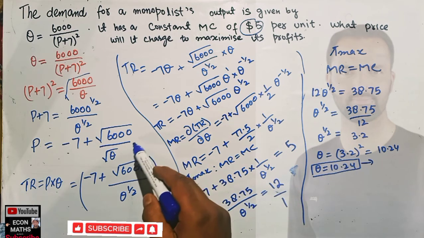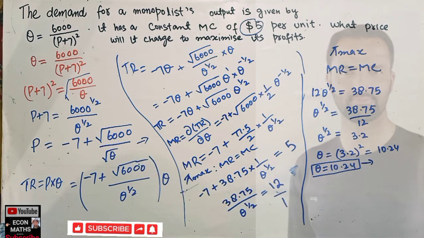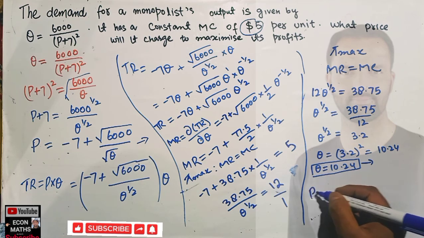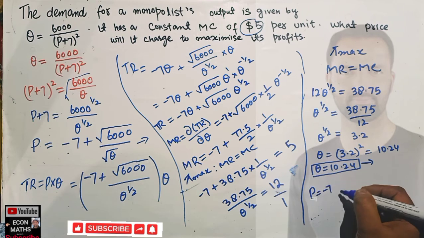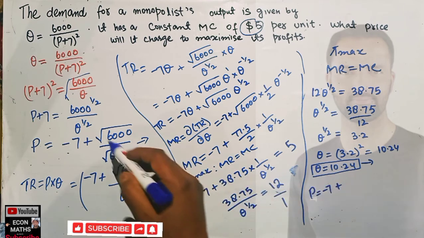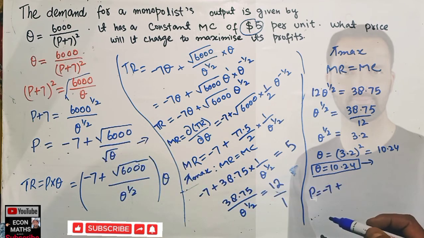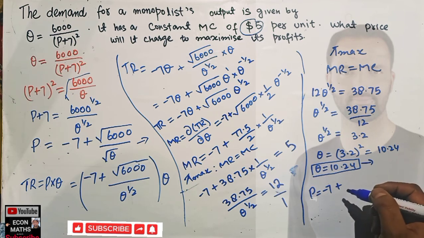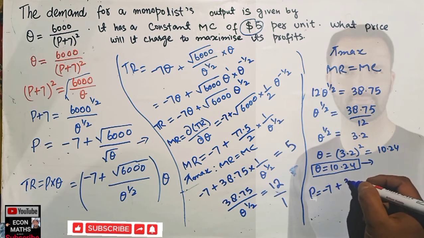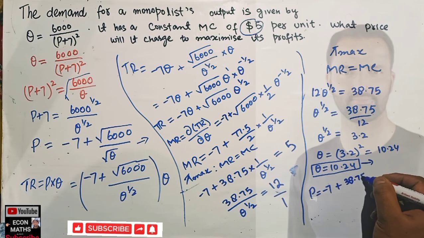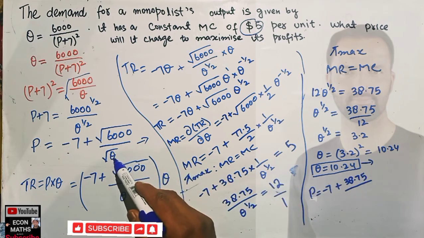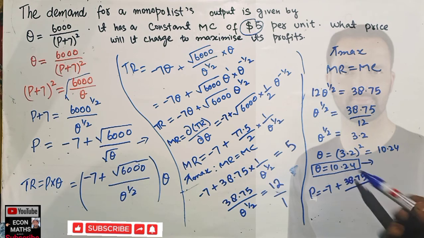What was our inverse demand function? This very function. So our price will be equal to p is equal to minus 7 plus the square root of 6000. We have calculated this square root of 6000, that is 38.75, divided by our q, which has come out to be 10.24.